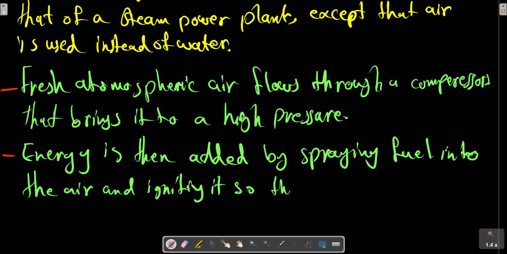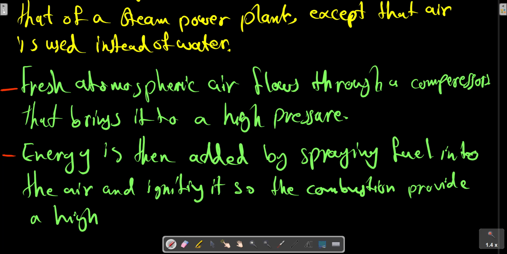So the combustion provides a high temperature flow.